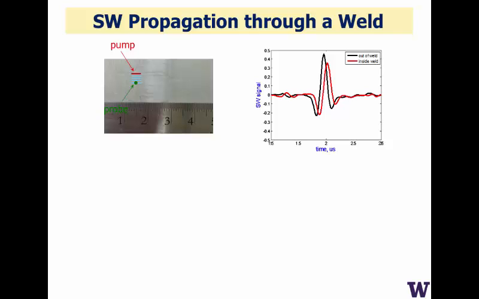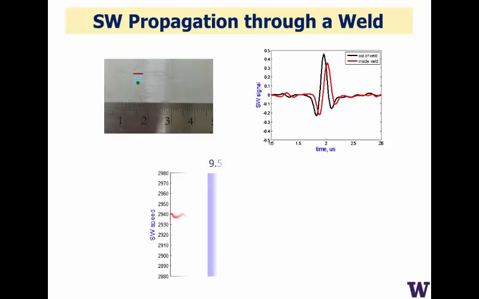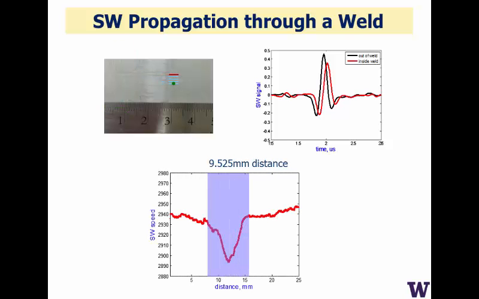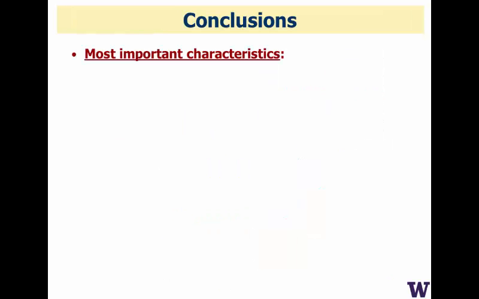So again, using a few millimeters of propagation, we can see the signals that we see when we're outside the weld versus within the weld. We can measure, quantitate wave speed within the weld. Again, very rapid scan, single shot, high speed, non-contact measurement, and from that be able to determine the quality of that weld from the surface wave measurements.